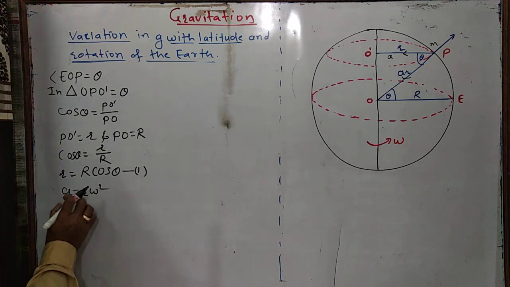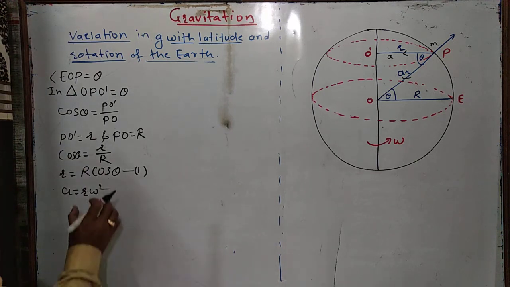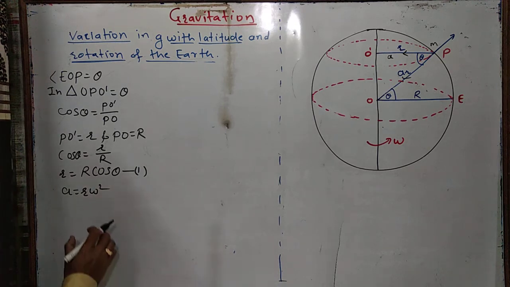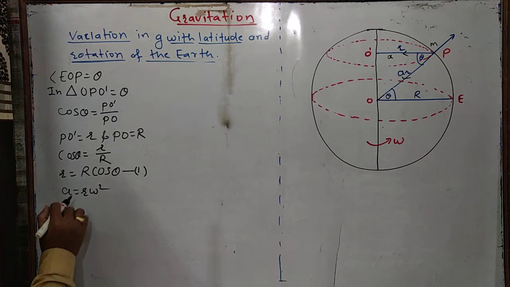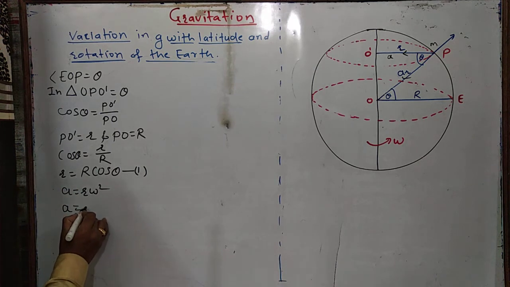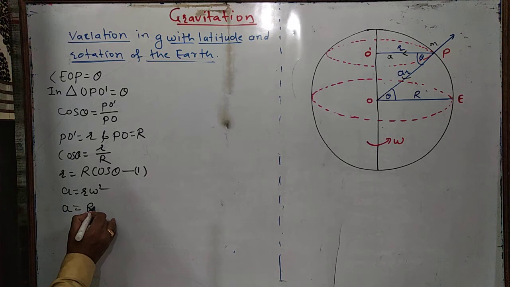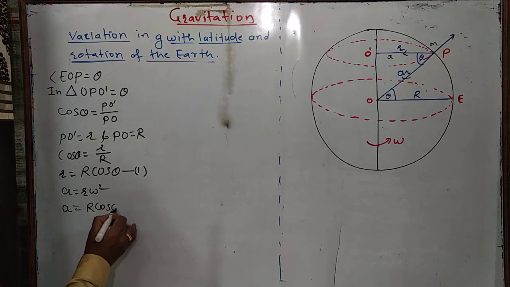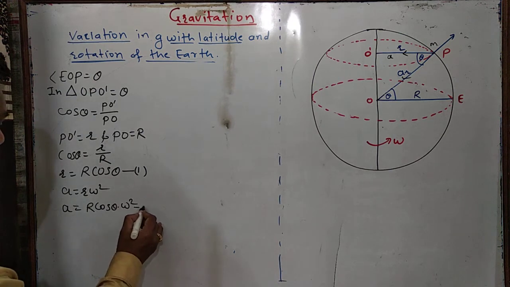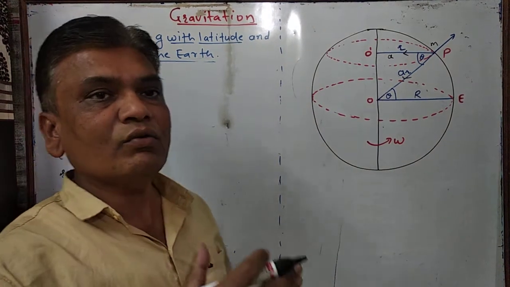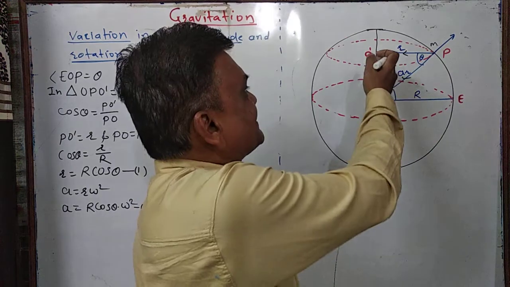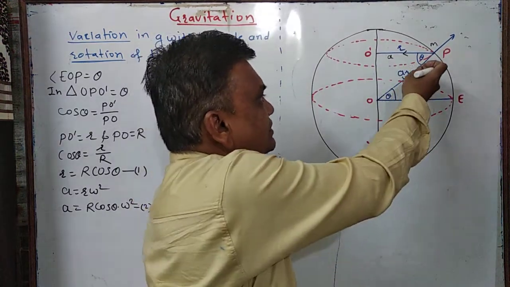We have found small r, so putting this value, the equation becomes a equals R cos theta into omega square, equation number 2.